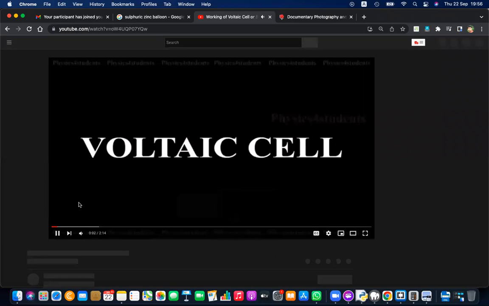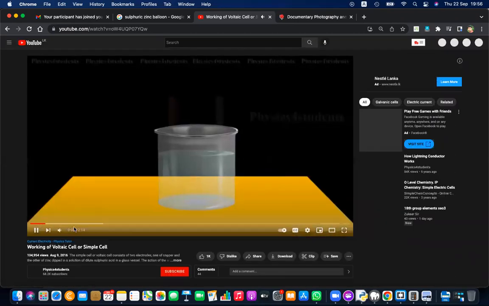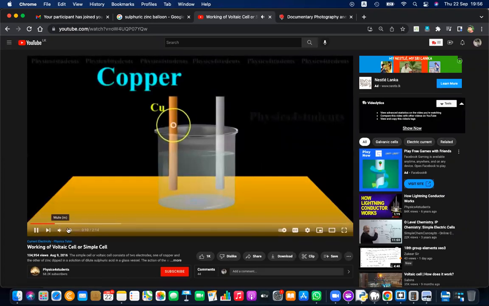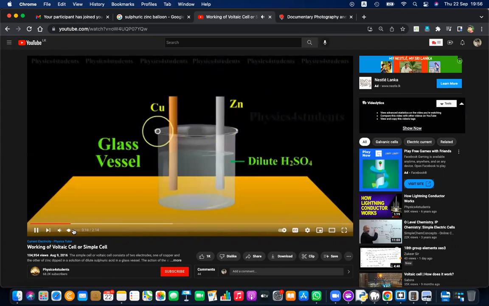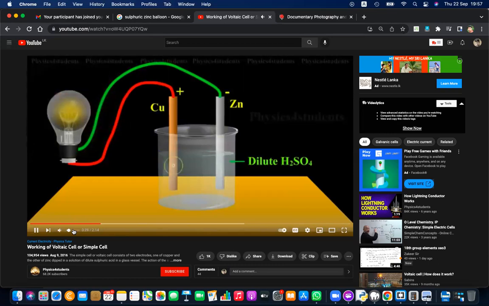Voltaic cell. The simple cell or Voltaic cell consists of two electrodes, one of copper and the other of zinc, dipped in a solution of dilute sulfuric acid in a glass vessel. On connecting the two electrodes externally with a piece of wire, current flows from copper to zinc outside the cell and from zinc to copper inside the cell.